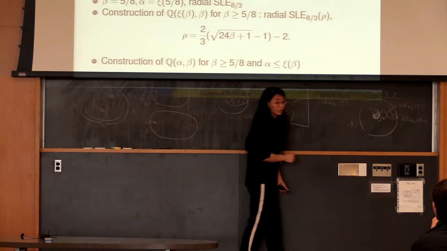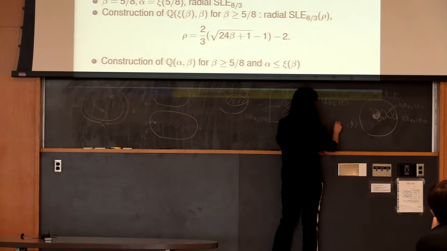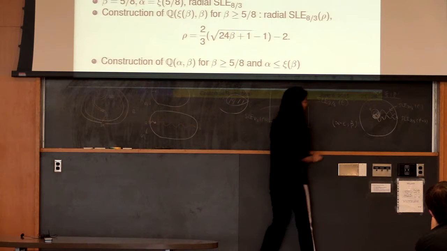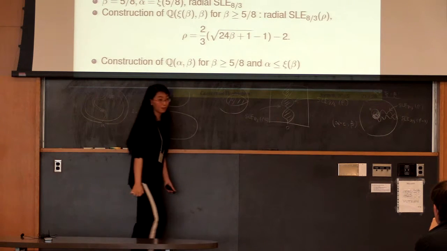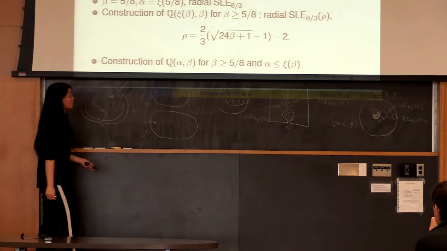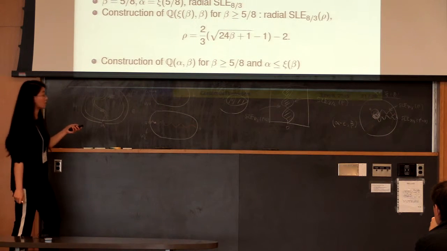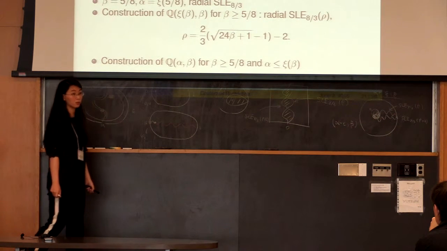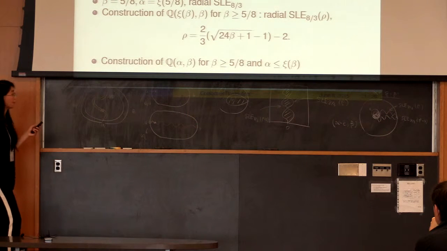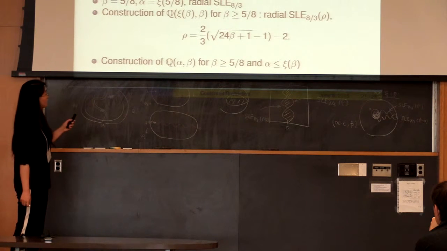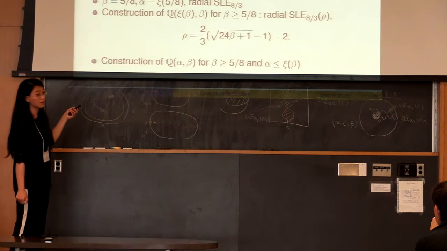The boundary exponent is the same. The interior exponent will become alpha minus C. So as long as we have an alpha, all quantities smaller than alpha can also be constructed by putting an independent Brownian loop soup around our region. This is how we construct a smaller alpha.